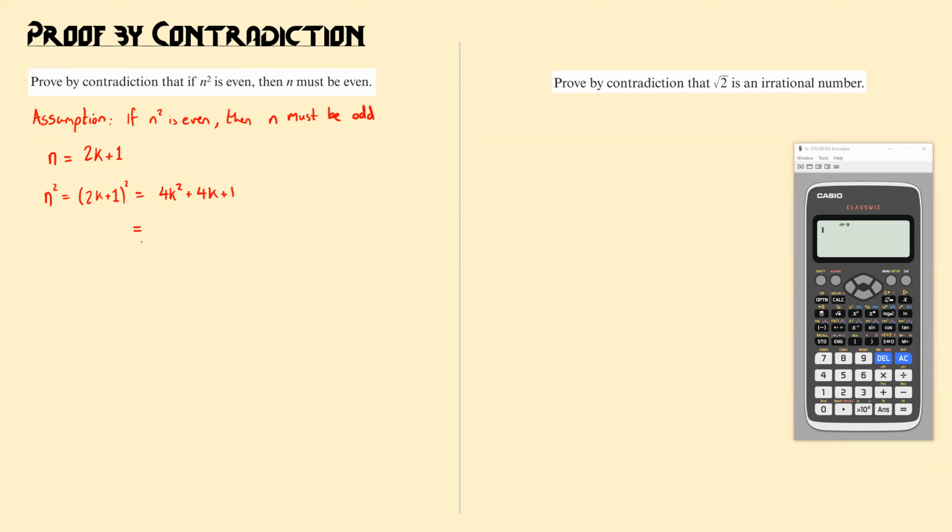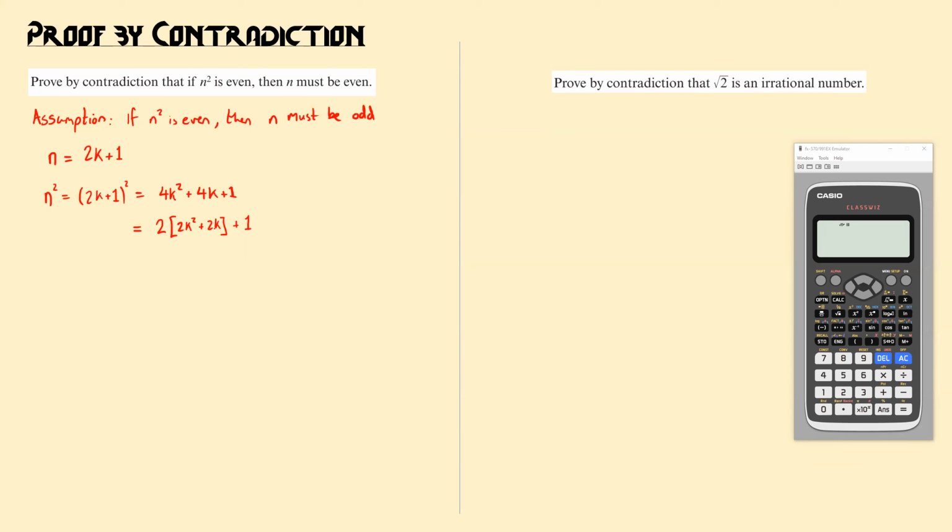Factorizing this one, I'm going to take 4 out where I can. Technically speaking, actually, I'm going to take 2 because I want to show it's even, and we know that any even number is just 2 times something. So rather than 4, I'm going to take a 2 out, just to show what's going on here. So I've got 2 times (2k squared plus 2k), and then plus 1.